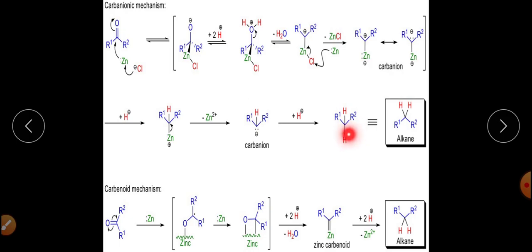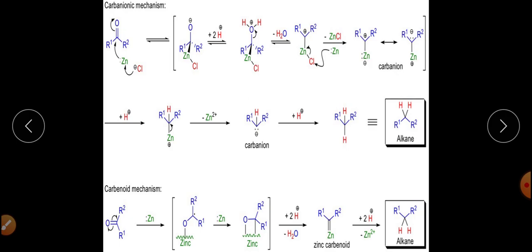So this carbon, which was initially C double bond O, is now converted into a carbon containing 2 hydrogens, that is methylene carbon. So this is the carbanionic mechanism of Clemmensen reduction, the conversion of aldehyde or ketones into hydrocarbons.